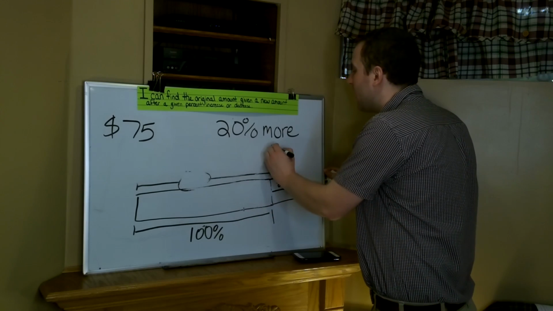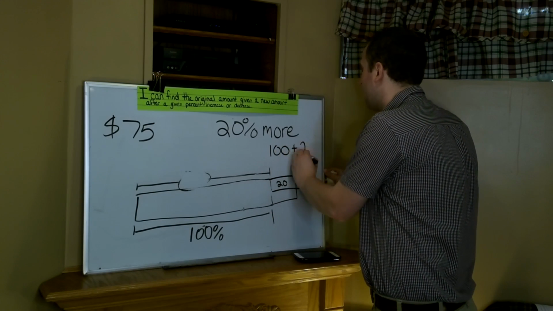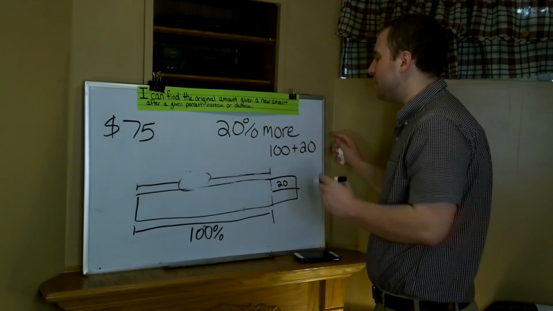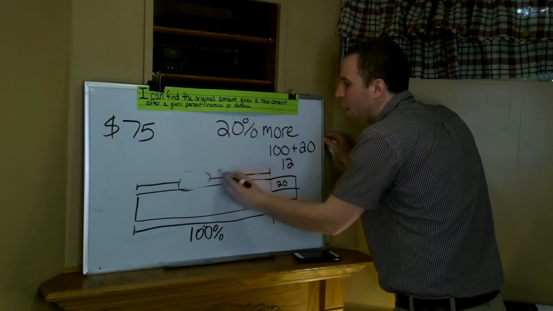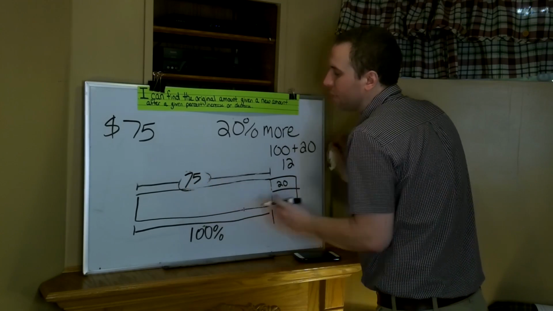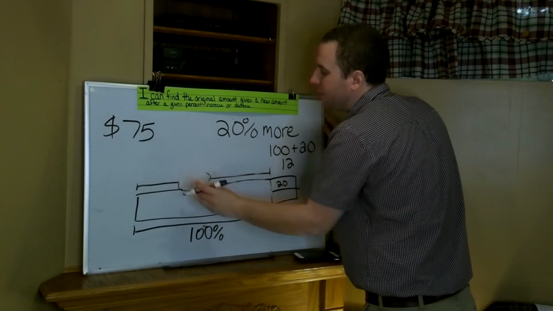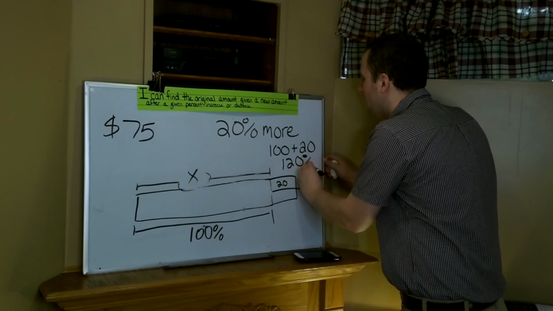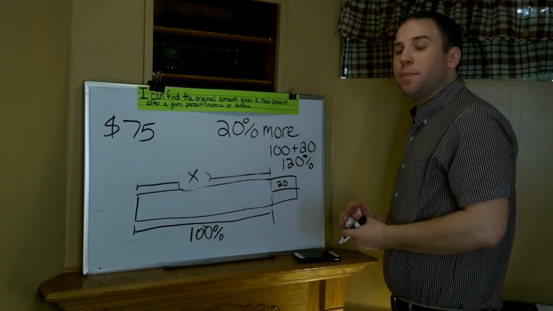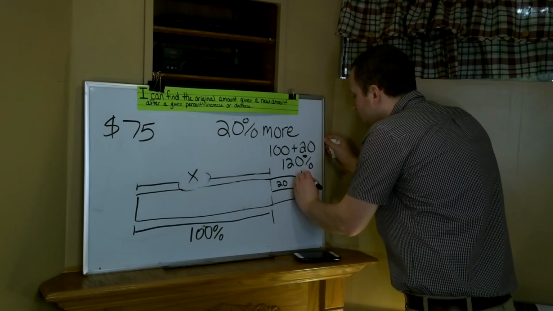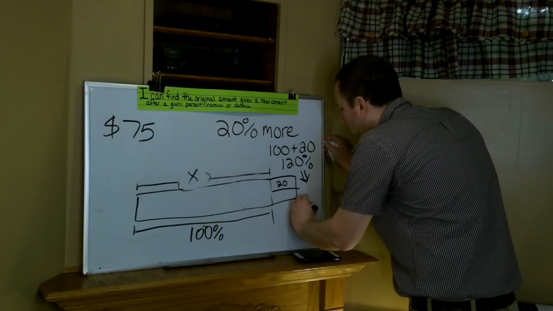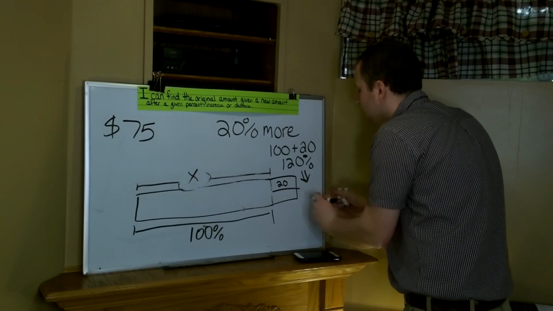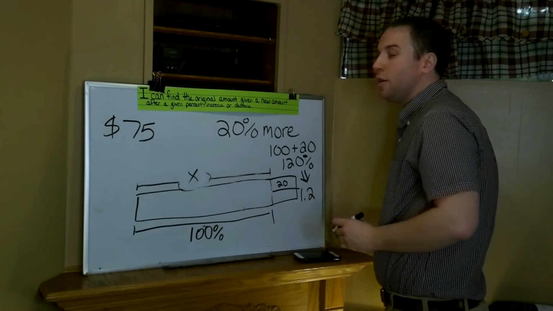So you take 100, and instead of subtracting, you add your 20%, which will give you 120. So it's not 75 anymore. How much would our backpack be? Converting 120% to a decimal, we end up with 1.2. 1.2 would be our new decimal.